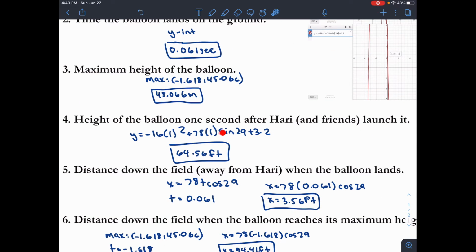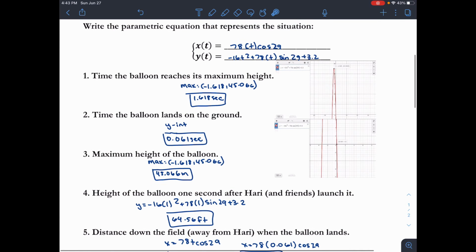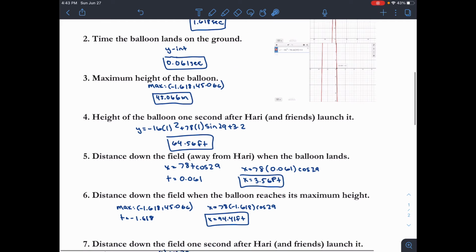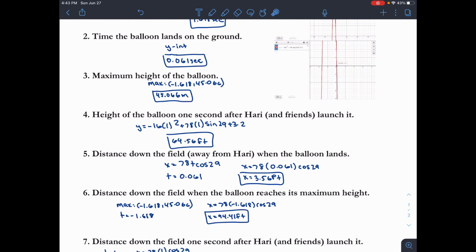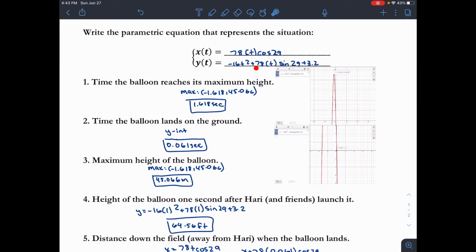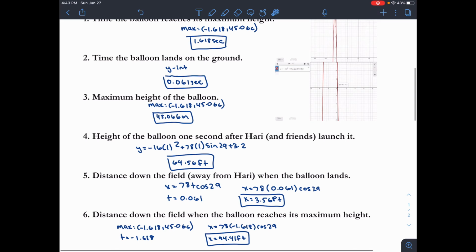Next is the height of the balloon 1 second after Harry and his friends launch it. So we take this y equation, because this is where the vertical height of the balloon is. We have negative 16t squared plus 78t sine 29 plus 3.2. Because we're asked to find the height at 1 second, we replace the t with 1.